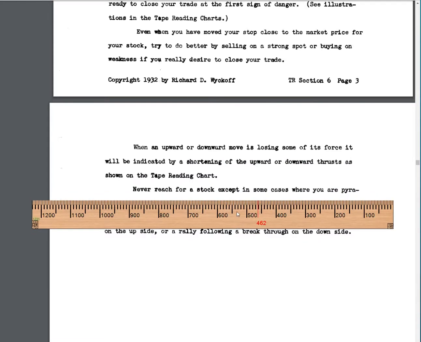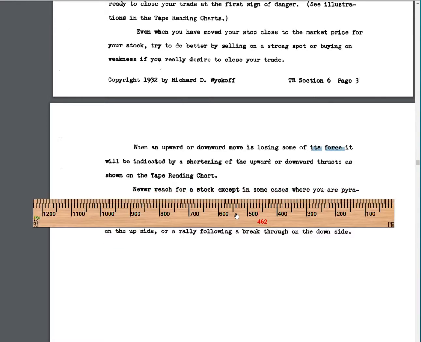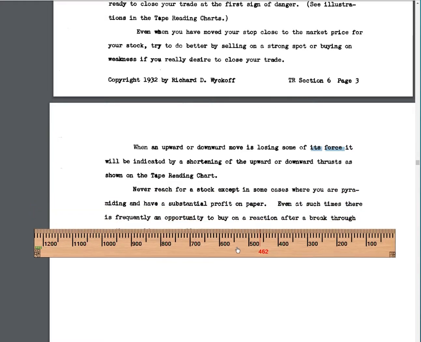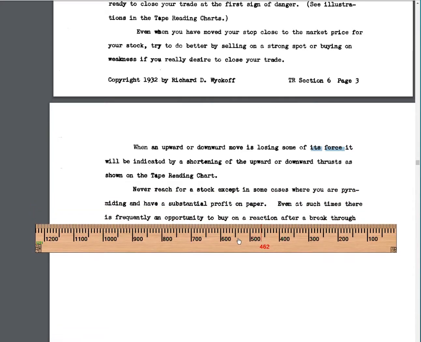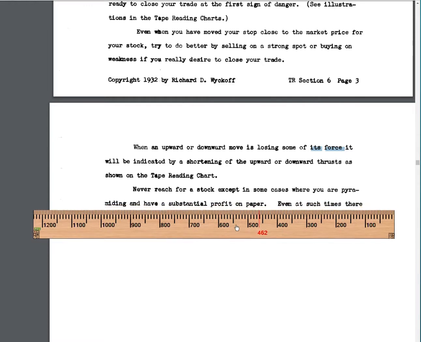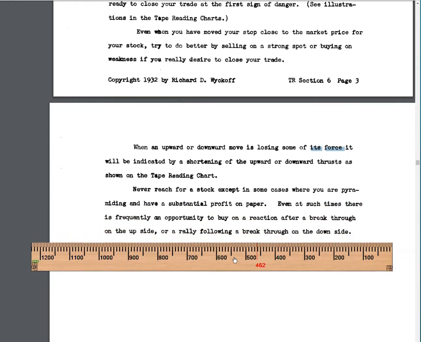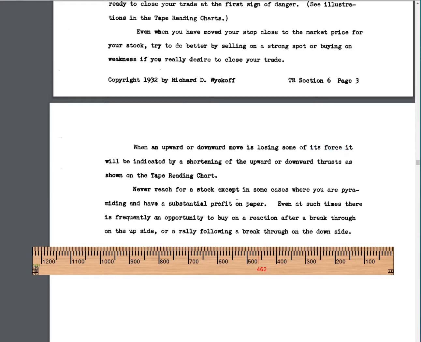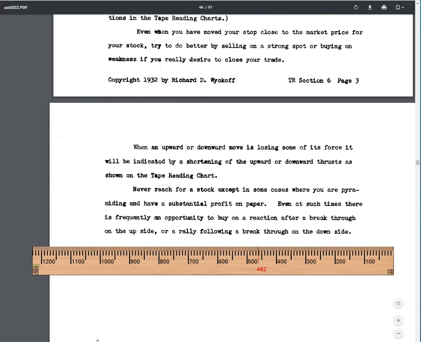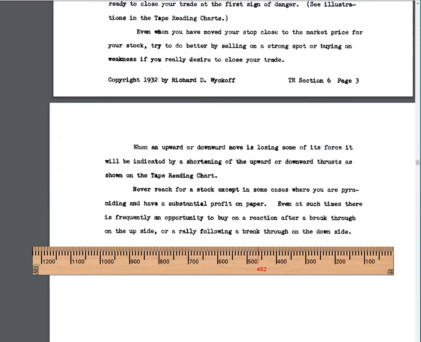But this is also the case of momentum. Alright, we're not going to get into pyramiding, but loss of momentum is evidenced by two things.